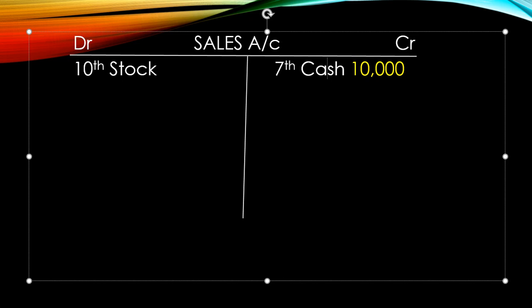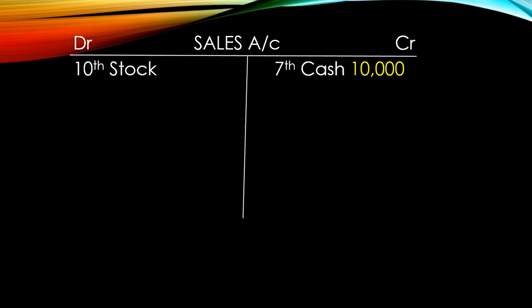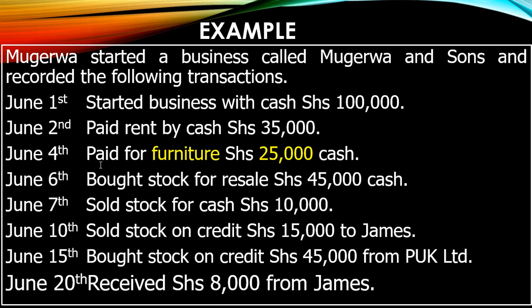So another transaction happened on the 10th, and they also sold the stock on credit, 15,000 to James. So now, yes, we have sold on credit, but we must recognize the sale, whether we have received the money or not.